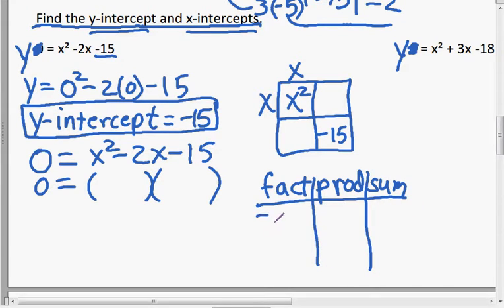So I try those. Negative 1 times 15 gives me negative 15 when I multiply. But when I add, I get 14. So this is multiply. This is add.